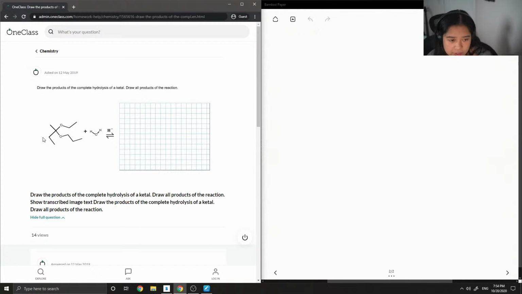So question number 2: draw the products of the complete hydrolysis of a ketal. Draw all products of the reaction. Okay, so let's draw out this whole thing.